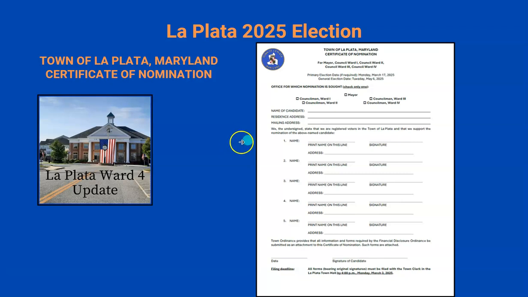You just give your name and where you live, and it gives you a brief summary of what's out there. Again, there are links to this. It says at the bottom that the filing deadline is to the town clerk by 4 p.m. on Monday, March the 3rd. That's a time hack you need to comply with.